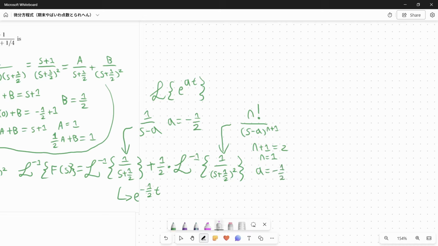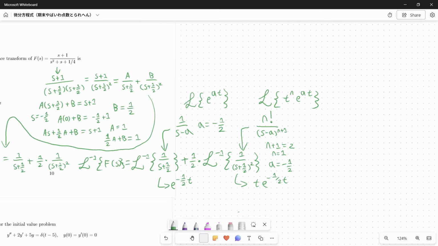And this thing that we got from the table of Laplace transforms is the general form of the Laplace transform of t to the n times e to the at. And so now we can evaluate this inverse Laplace transform, and this is going to go to t squared, or no, just t, because n is 1. So t times e to the negative 1/2 t.